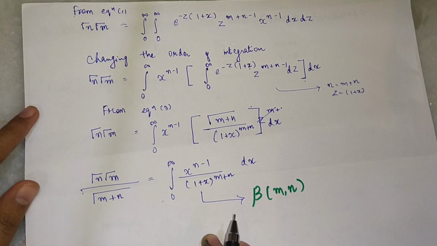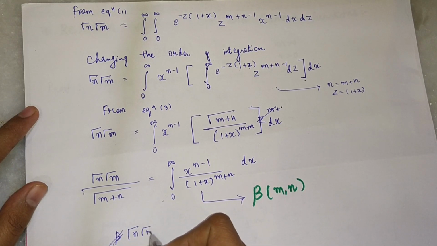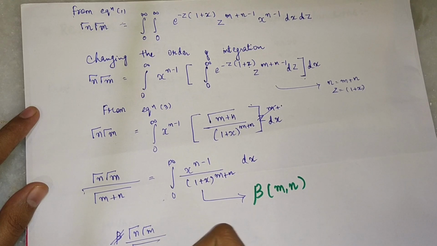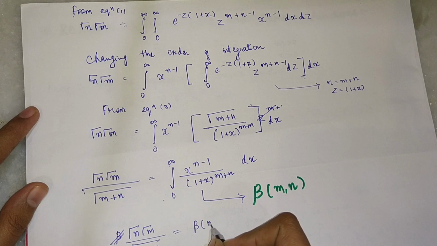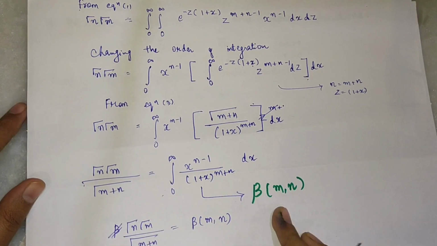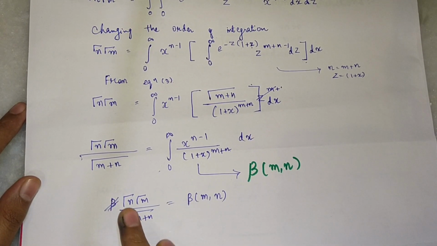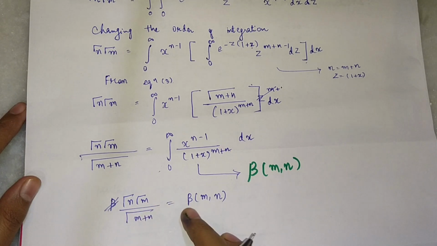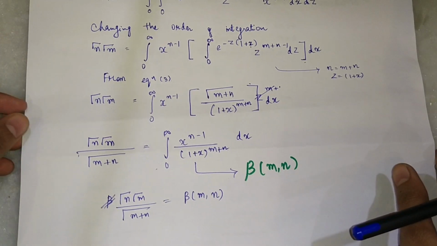So we can write that here in place of this whole term we can write beta m comma n. Okay, because we have proved this, that this term is equivalent to beta m comma n. So we can write here that gamma n gamma m divided by gamma m plus n is equivalent to beta m comma n, and that is what we have to prove.